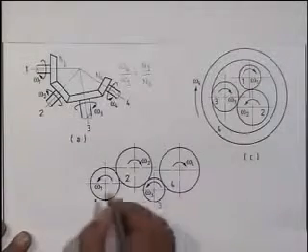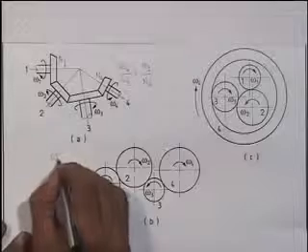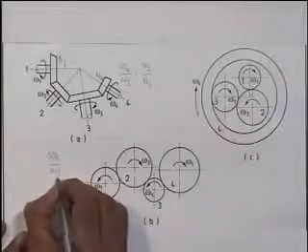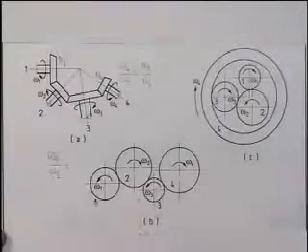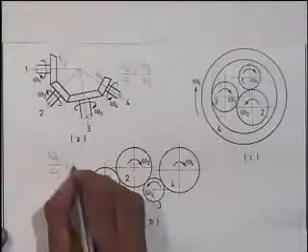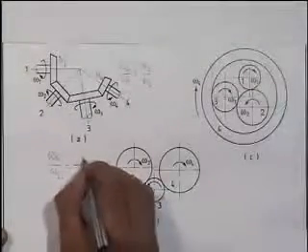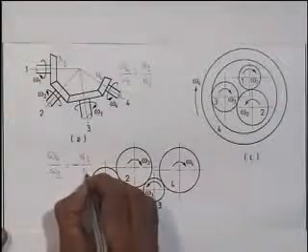Here of course we know the output speed omega 4 by omega 1, because there are two intermediate shafts, we get a negative sign, N1 by N4.